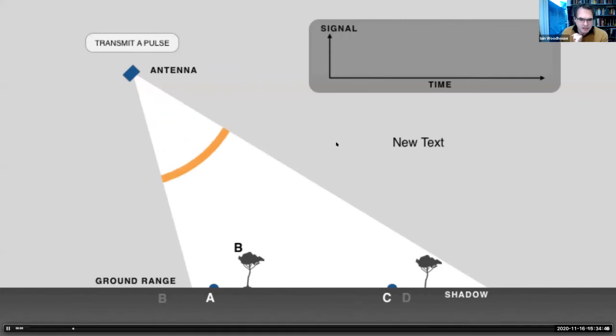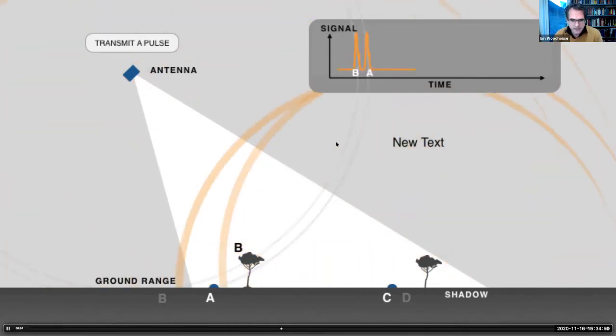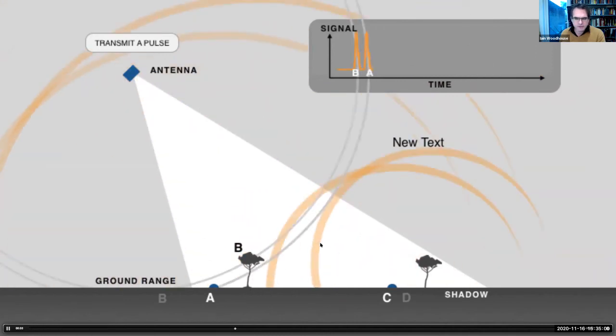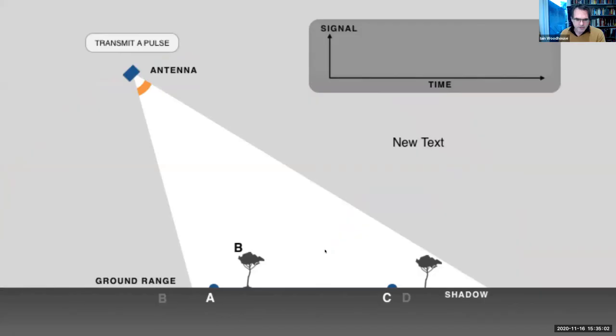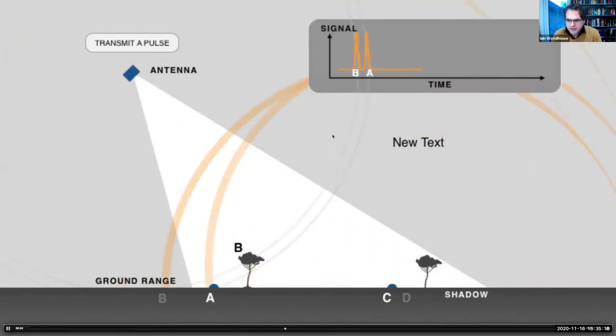So this little animation here shows you instead, and this might be more relevant to some of you looking at vegetation, that the backscatter that comes from the canopy is coming back at a different time from the backscatter from the ground. So it's important that you understand that this geometry is problematic.